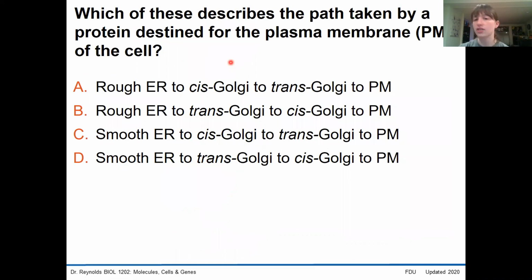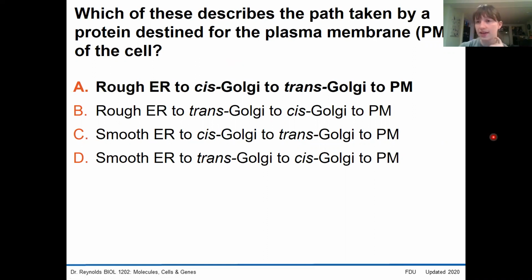So now I'd like you to answer this question, because the order of this path of the endomembrane system is very important. Which one of these would describe the path taken by a glycoprotein that's destined for the plasma membrane of the cell? Good.